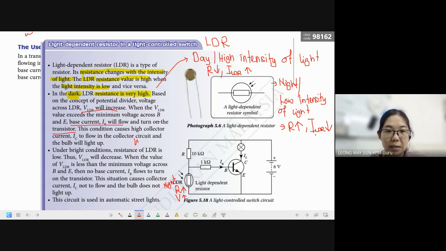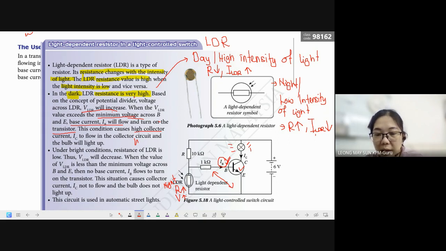When the base circuit voltage is high and it exceeds the minimum voltage, the voltage across BE, base and emitter, is higher, and it will allow the current at the base circuit to flow. This condition will cause base current to flow, transistor on, and it will have a high collector current flowing in the collector circuit, and hence causing the light bulb to be on.